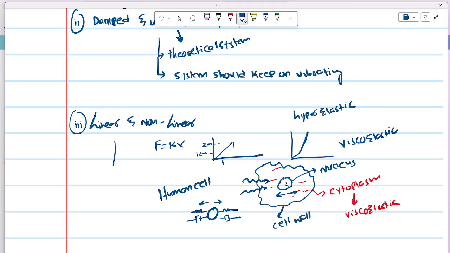This is how you can model it, and because it's a viscoelastic medium, there's no simple F equals kx. There was a much more complex equation to model the human biological cell. So this is how we can even apply mechanical vibration principles onto a system like a human body.